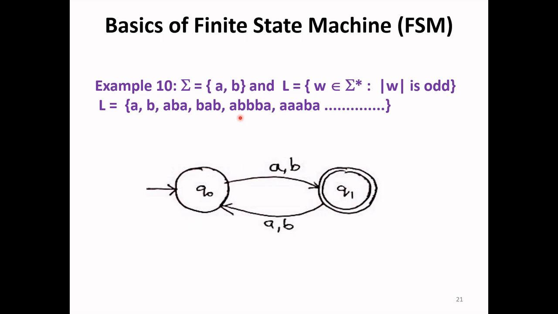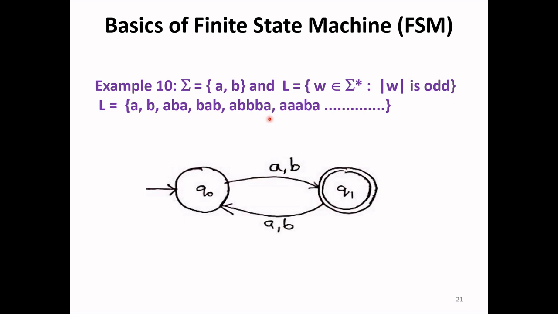Let us take an example of the string ABBBA. So this is a string of length 5 and this must be accepted by this particular FSM. Start with the initial state Q0. For A, reach Q1, B, B, B and the last A, it reaches the final state.